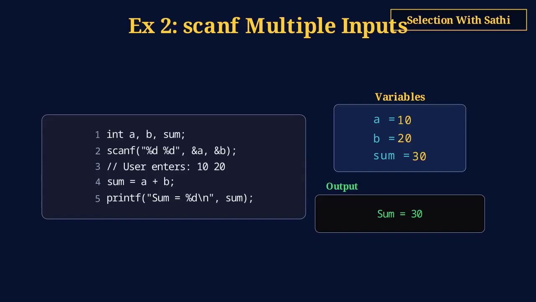When the user types 10 space 20 and presses enter, a gets 10 and b gets 20. Calculate sum equals a plus b, which is 30. Finally print "sum = %d", sum, which prints sum = 30. Notice both variables needed the ampersand operator.